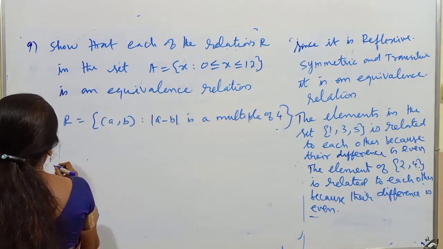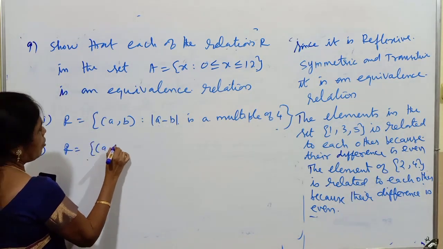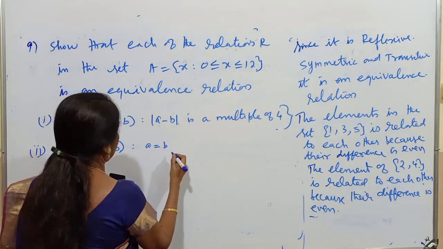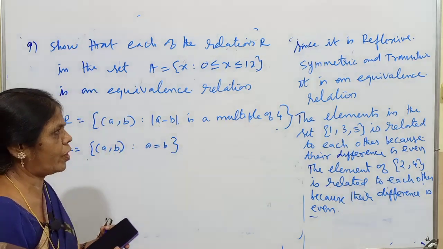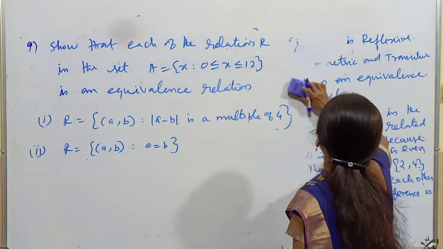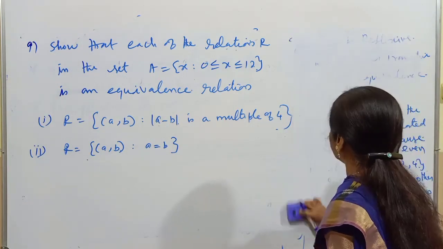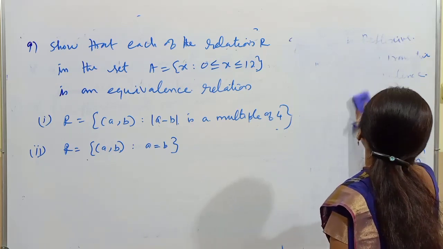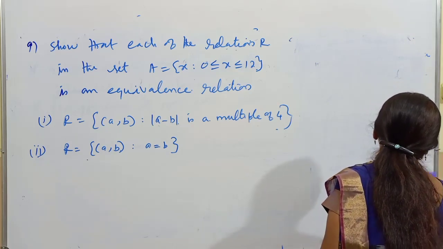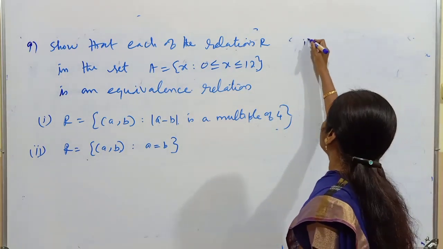This is also an important sum. And the second one, R equal to A comma B such that A equal to B. The first one we are going to see first, children.